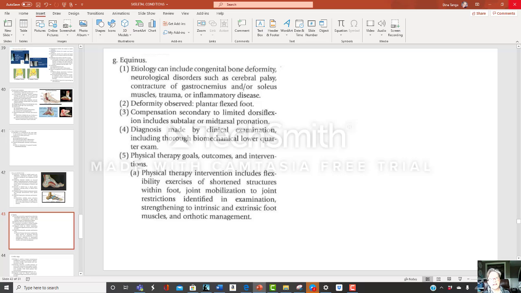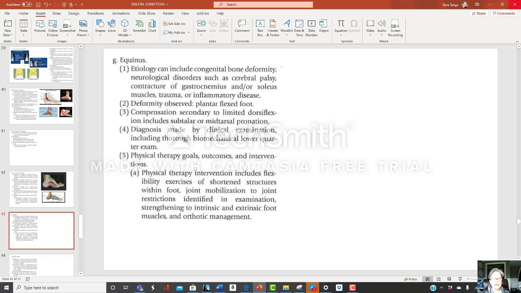Equinus. Etiology can include congenital bone deformation, neurological disorders such as cerebral palsy, contracture of gastroc and/or soleus muscles, trauma, or inflammatory disease. Deformity observed: plantar flexed foot. Compensation secondary to limited dorsiflexion includes subtalar or midtarsal pronation.